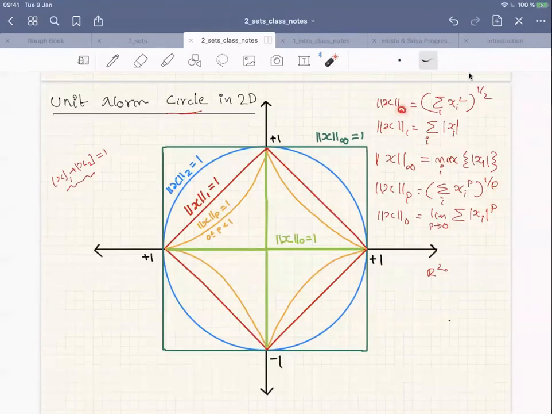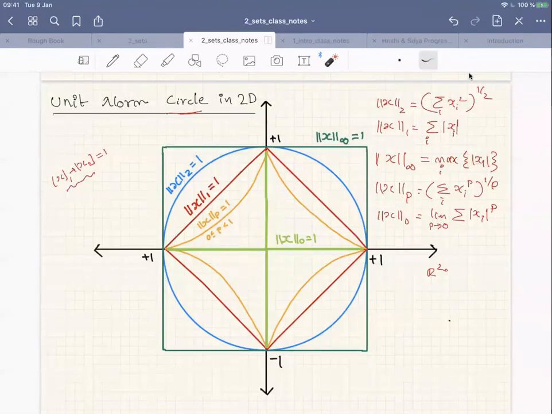If you replace 2 with p here, just replacing all the 2s with p, then this is a p-norm. And we have the one-norm here, which is basically the sum of all the absolute values. Then there is an interesting norm called the infinity norm, defined as the max of the x's.